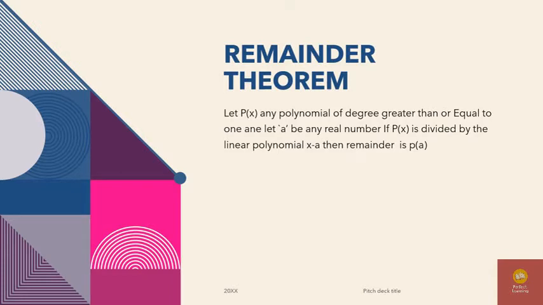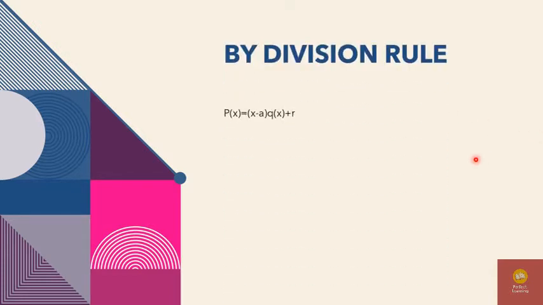Come to the next slide. By the division rule, p of x is equal to (x minus a) times q of x plus r.